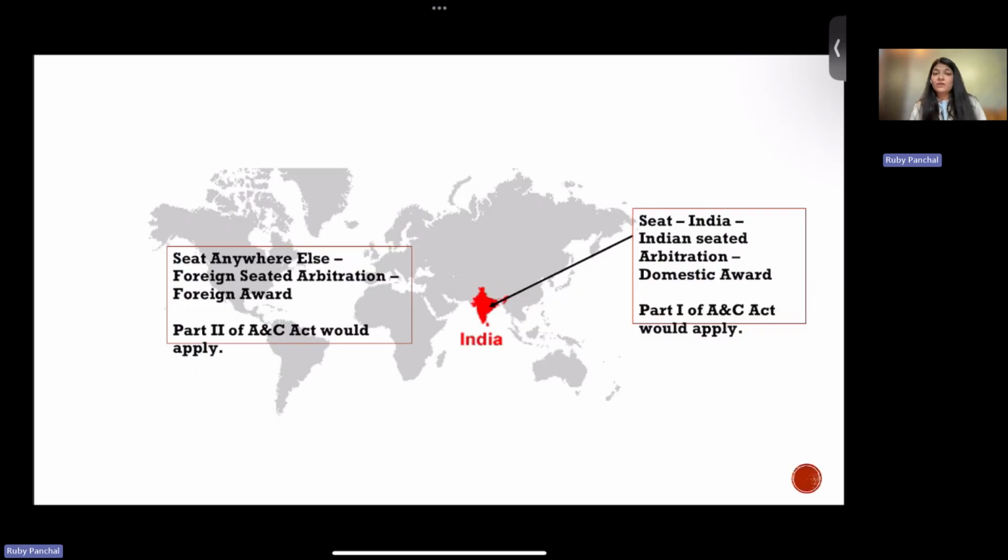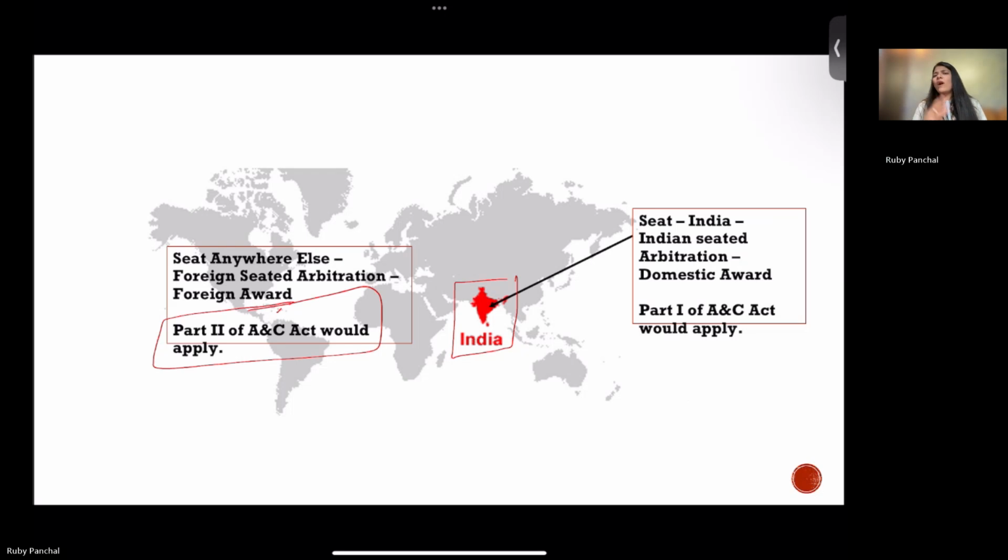Whenever you conclude that the seat of arbitration is in fact in India, it is Part 1 of the A&C Act that would be applicable. And if you come to a conclusion that the seat of the arbitration is anywhere else other than India, then you can simply conclude that it is Part 2 of the A&C Act which would apply.